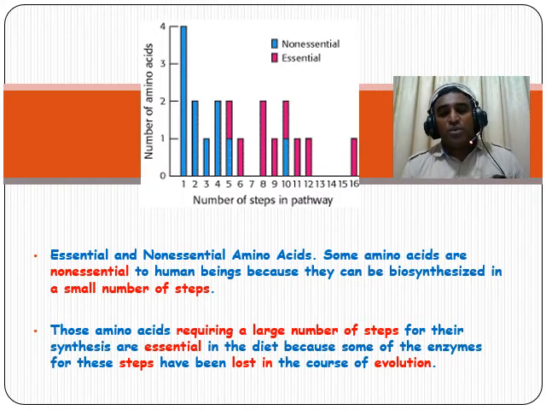So what can be concluded is, over evolution, humans, or rather mammals, have lost the ability to synthesize these essential amino acids within the body itself, because the pathway is no longer present.